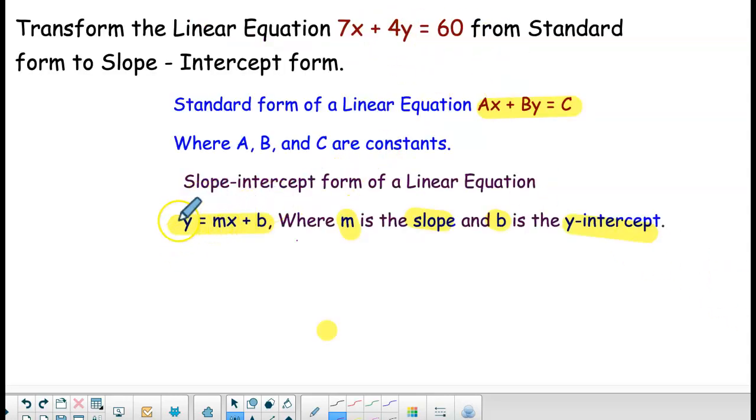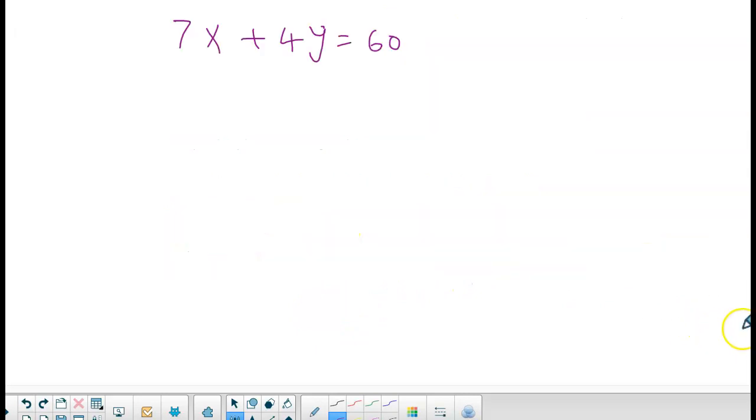And you are going to write it in this form, y is equal to mx plus b. In other words, we are trying to isolate this y. The y has to be separated on the left hand side and take everything else onto the right hand side.